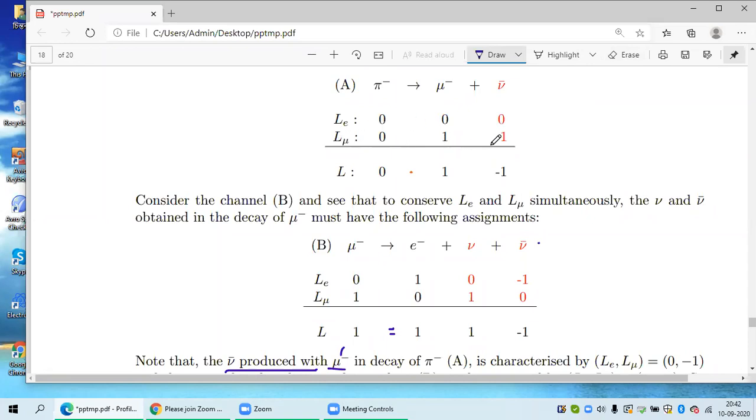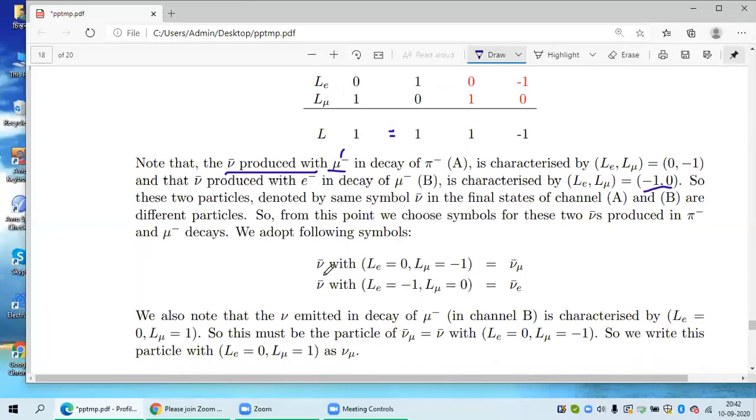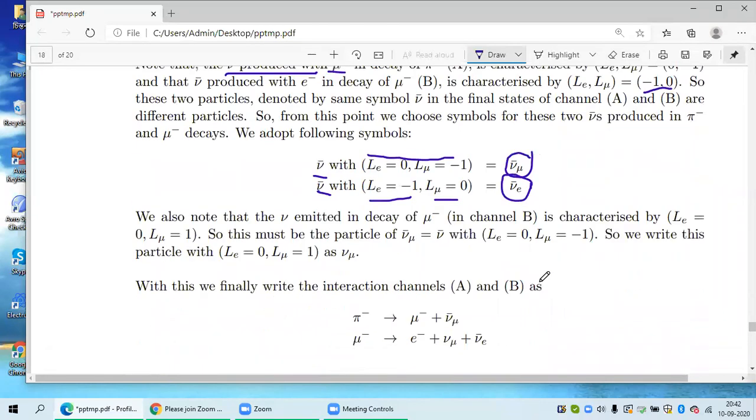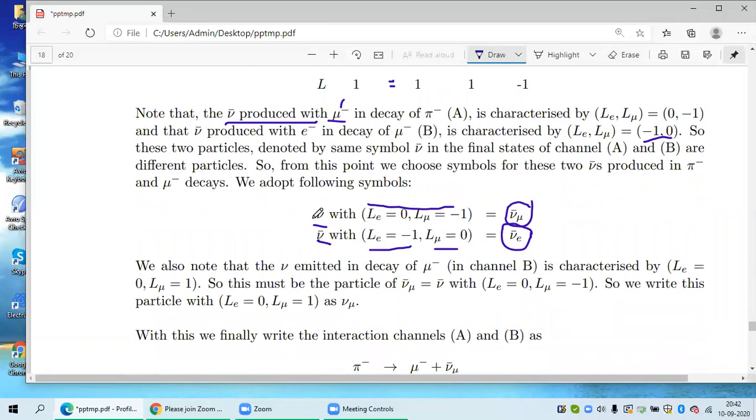So we must use different symbols for these two. We denote the nu bar with LE 0 and L mu -1 as nu bar mu, and the nu bar with LE -1 and L mu 0 as nu bar E. Clear? Therefore, their antiparticles should have LE -1, L mu 0, and so on.